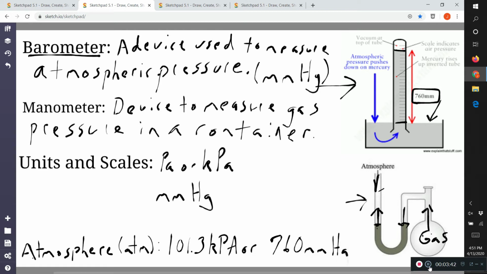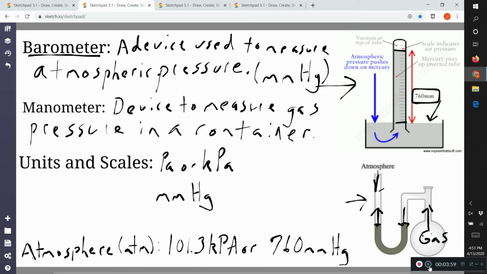And that's the reason it's called an atmosphere, because that's considered the standard pressure that Earth's atmosphere is. Of course it varies, it goes up, it goes down, but that was kind of set as a standard. So we have another unit, we have atmosphere.